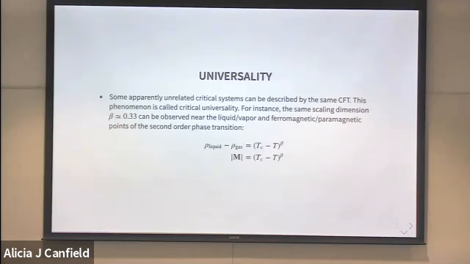This is true, for instance, for the liquid-vapor second order phase transition and the ferromagnetic-paramagnetic phase transition. You can see it in the scaling behavior, as a function of temperature, of these observables, a power law with the same exponent beta, which is roughly 0.33. M is magnetization and rho is density. So the liquid-vapor transition at a certain pressure? Yeah, at the second order phase transition, the critical point on the T-P phase plane.